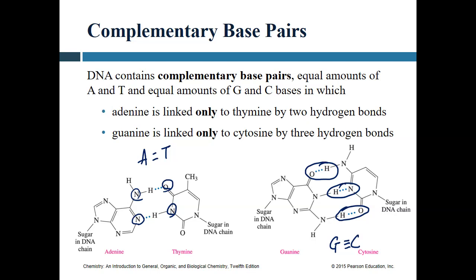Well, a question you might have for yourself is, well, okay, why? I can see the hydrogen bonding here. Why can't I just take this cytosine, which is also a pyrimidine, and put it here next to the adenine and make hydrogen bonds that way? The problem there is that the way that the cytosine is structured, with that third nitrogen group up here instead of this methyl group, it's clunky.